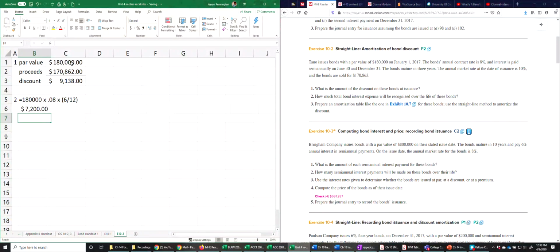All right. So your semi-annual interest payment is $7,200. All right. And these are 3-year bonds. So that $7,200 is going to be made 6 times.